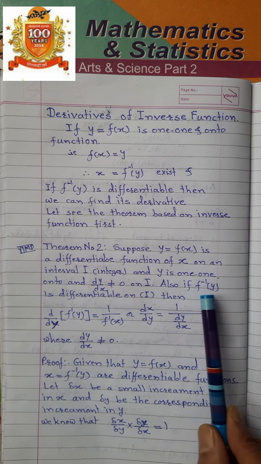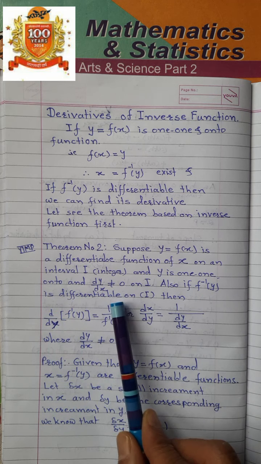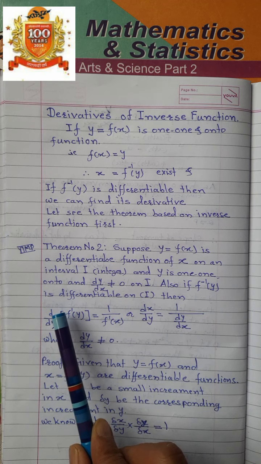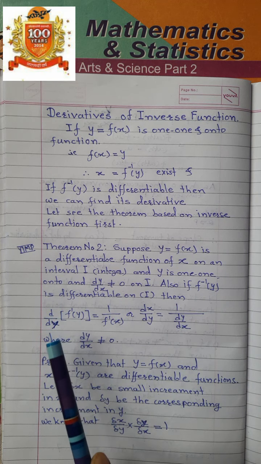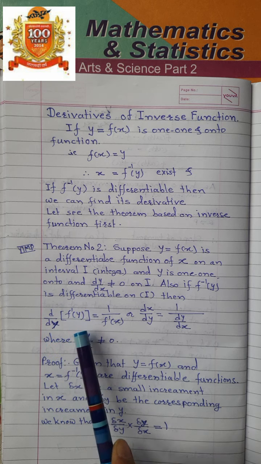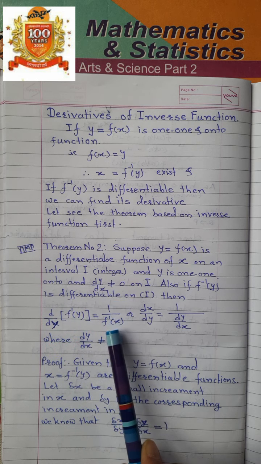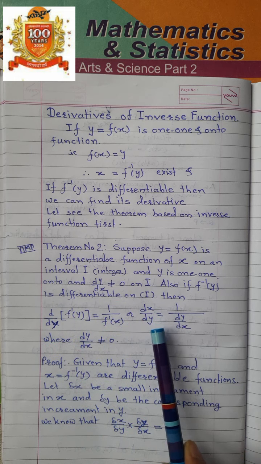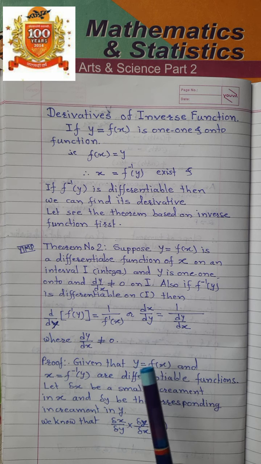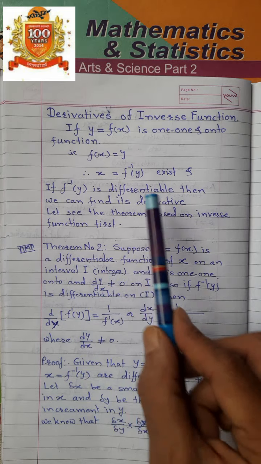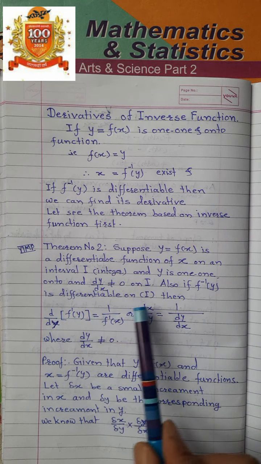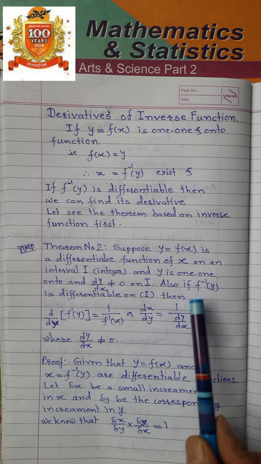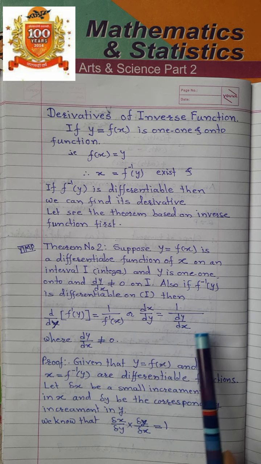Also, if f inverse y is differentiable on I, then the derivative of f inverse y, that is dx by dy, is equal to 1 upon f dash x, that is dy by dx.